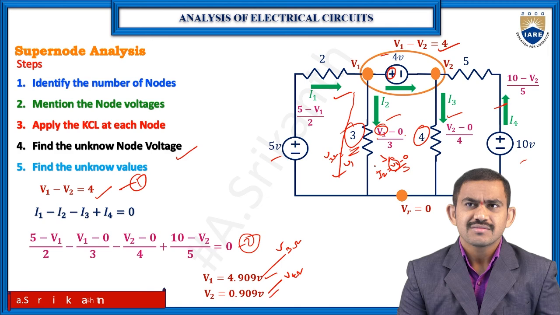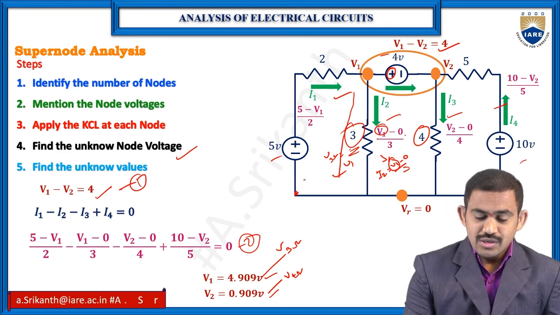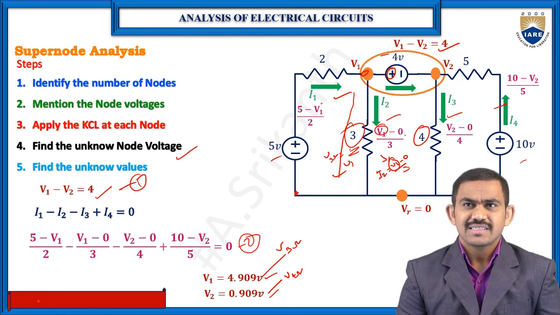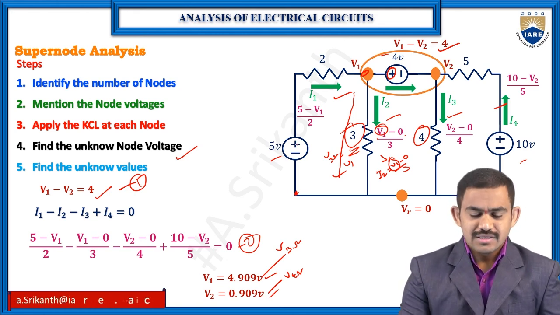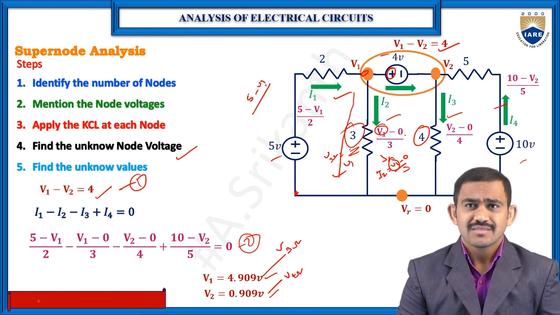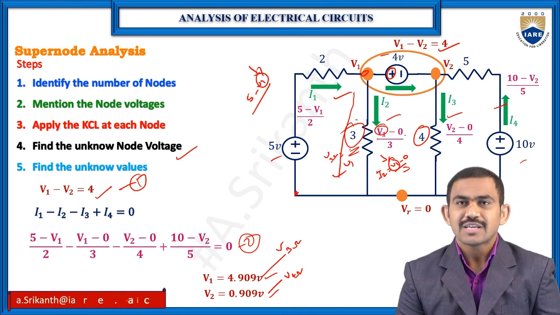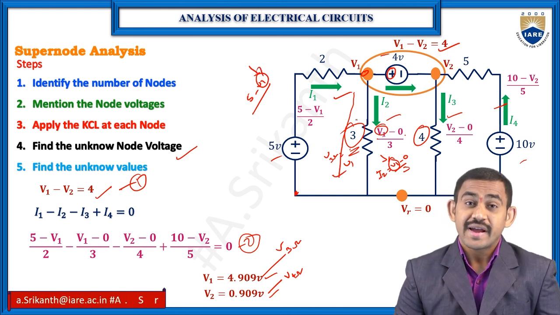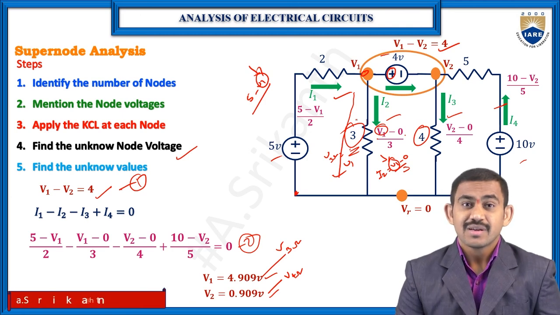If I want the voltage at the I1 branch, it is 5 minus V1; substitute the V1 value to get the I1 branch voltage. Same in the last branch. Like this we can find unknown values where you require current, voltage, or power.